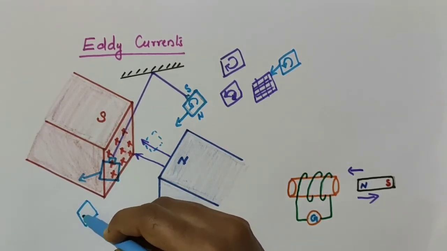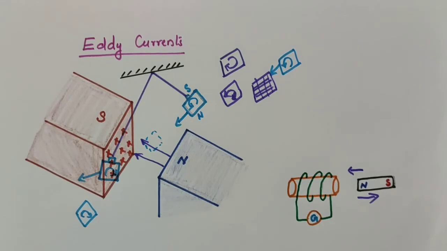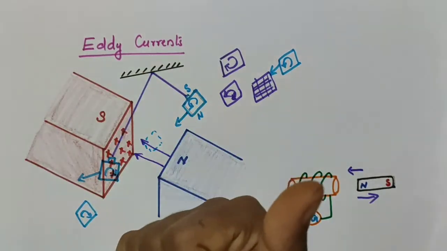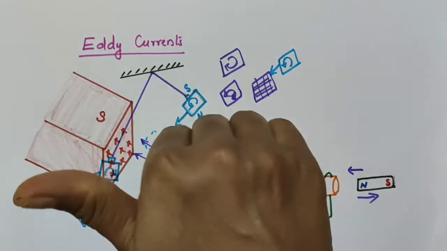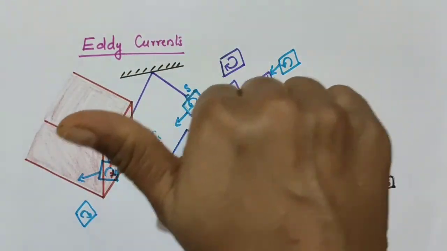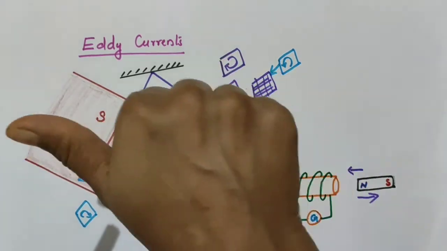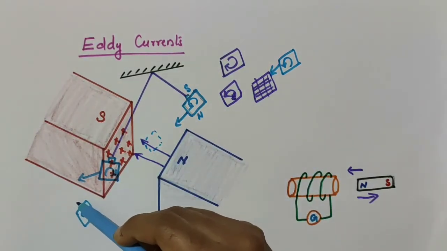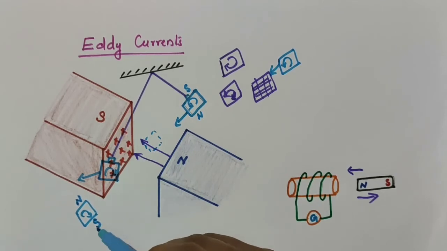It should be in the clockwise direction, no? In this direction, the clockwise direction. Now use your right hand rule. Use your right hand and apply the right hand thumb rule here. When the current flows in the clockwise direction, the magnetic field lines are pointing in this particular direction, which means this side of the copper plate will behave like the north pole and this side will behave like a south pole.